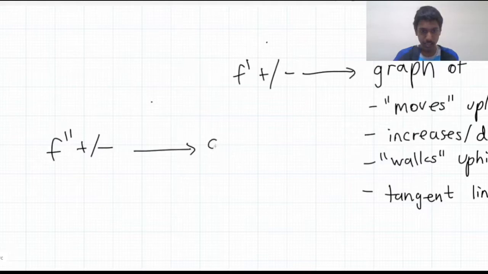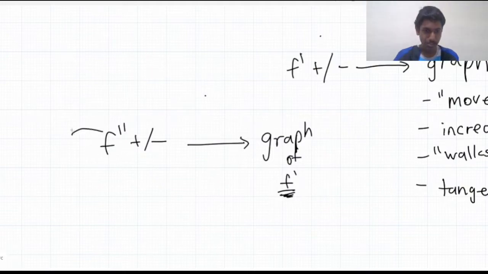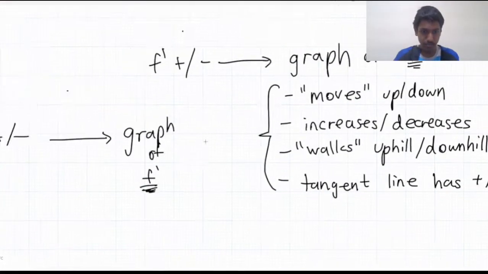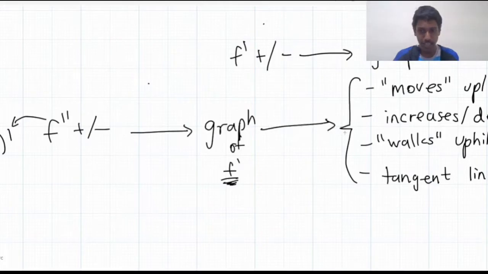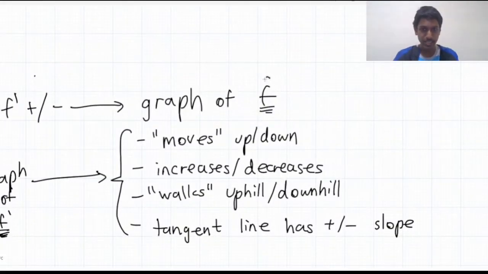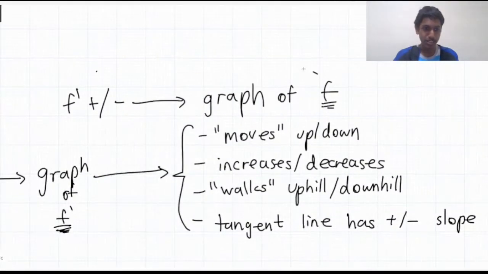So what does it tell us about the graph of f prime? Well, f double prime is quite literally just the derivative of f prime, right? That's how we find f double prime. And so the graph of f prime will have the same sort of relationship with f double prime as regular f did with f prime.